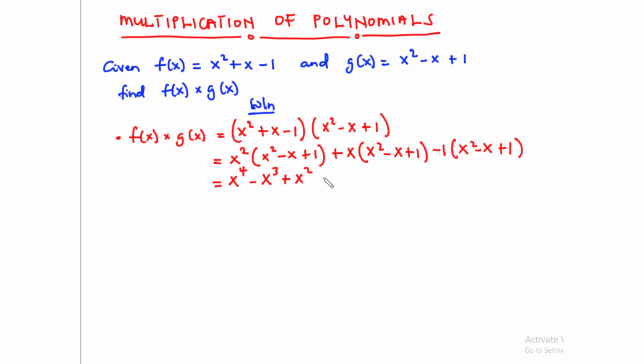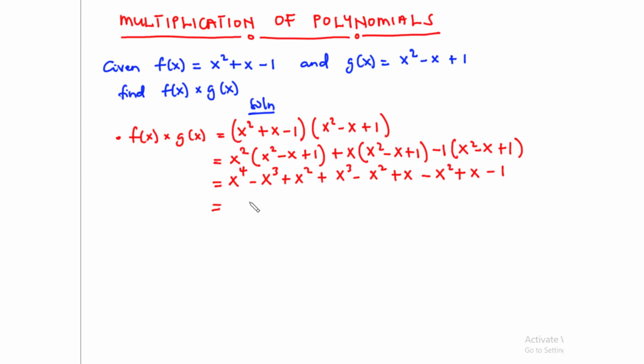Now to the x term, x times x squared is x cubed. x times -x is -x squared, and then x times 1 is x. Now to the last term, which is negative 1, we have negative 1 times x squared, which is negative x squared. Negative 1 times negative x is x, and then negative 1 times 1 is negative 1.